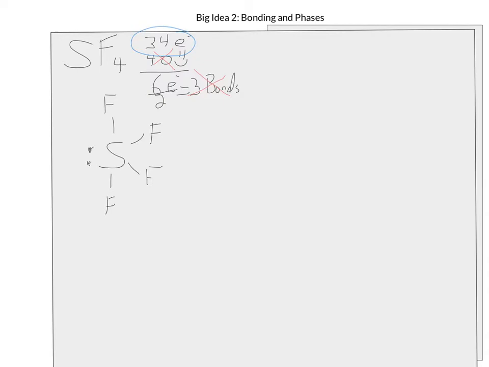And I drew it this way because it helps us see this shape. And then we need all of our dots on all of the fluorines. They're a little harder to show up on this. But we get that structure there, and it is a trigonal bipyramidal electron geometry, or orbital geometry, but a seesaw molecular geometry.